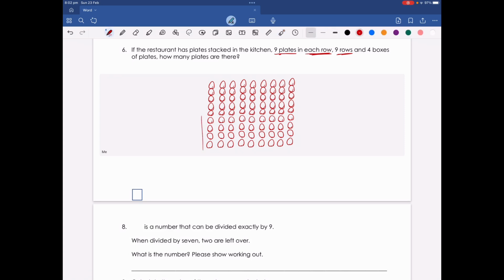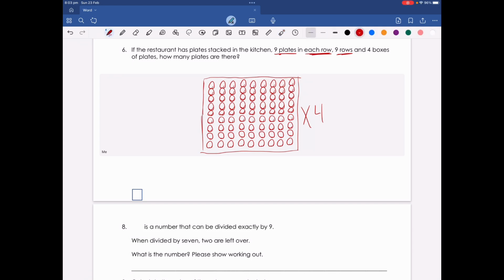Assuming that the box goes all the way around the plates, we should have 4 of these because they want 4 boxes. So we need to figure out our array first of all. We know how to figure out arrays. We did this last week. So we've got 9 on this side, 9 on this side.